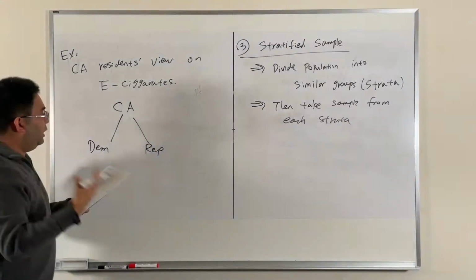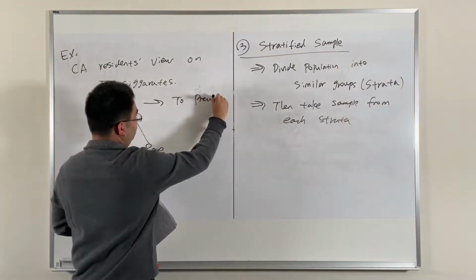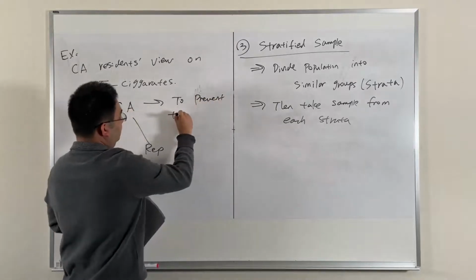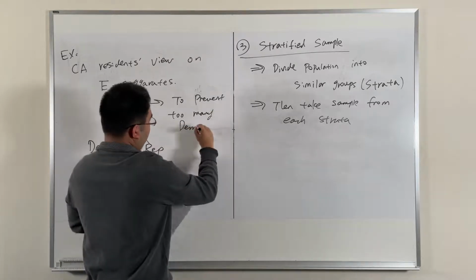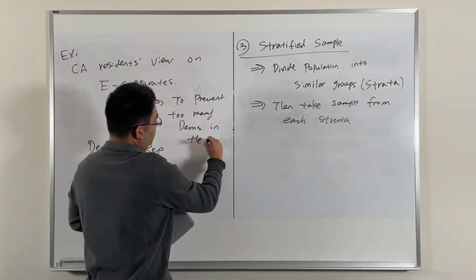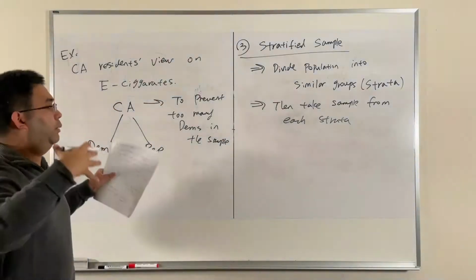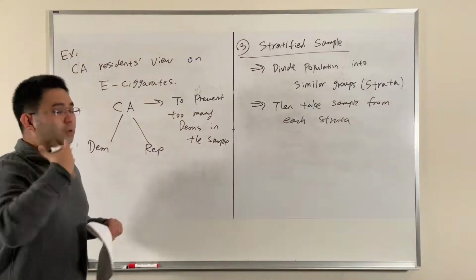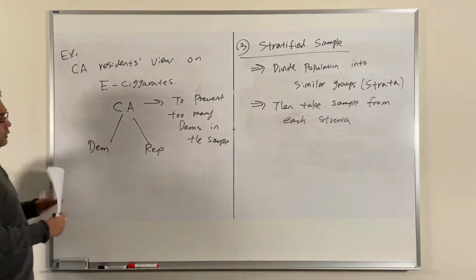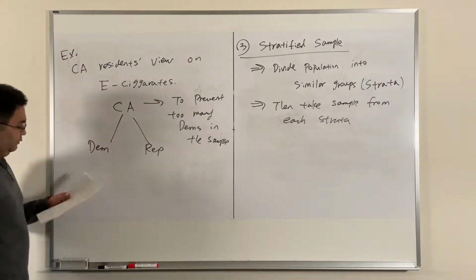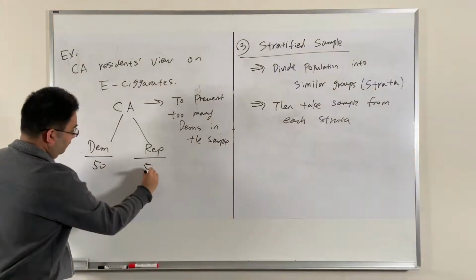The reason is to prevent too many Democrats in the sample. If you do the simple random sample method, and there are a lot more Democrats in your population, then you're likely to have more Democrats in your sample. But now we're going to separate them into two groups, and from each group, we're going to pick out 50 Democrats and 50 Republicans.